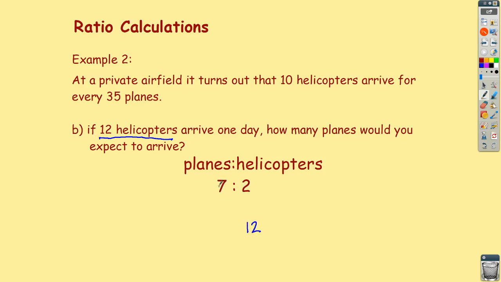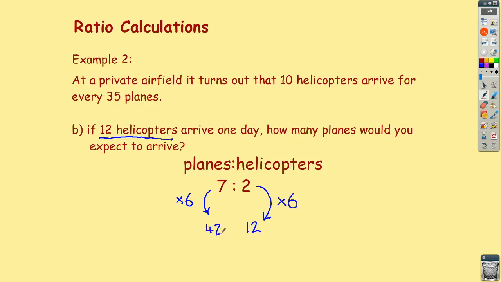Okay, and instead of thinking how did I get from 7 to 12, I'm saying how did I get from 2 to 12? What have I multiplied by? Okay, and of course 2 times 6 is going to give you that 12. Okay. Now, that means you want to multiply this side by 6 to get our expected number of aeroplanes. Okay. And 7 6s, you should know it, it's in your times tables.